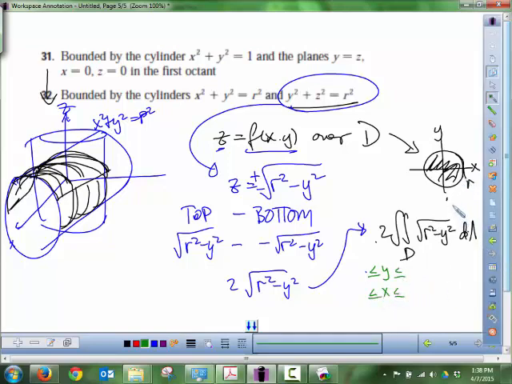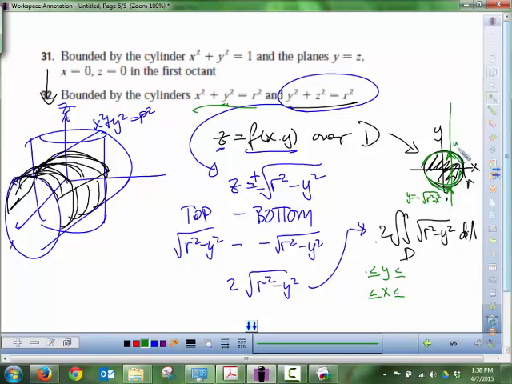We will draw a line parallel to the y-axis and notice where we're going to enter the region and where we're going to exit the region. So if we take our equation and solve for y, we'll see those limits pop out, right? So it looks like I'm going to enter my region when y is equal to the square root of r squared minus x squared. We'll call that negative because it's below.